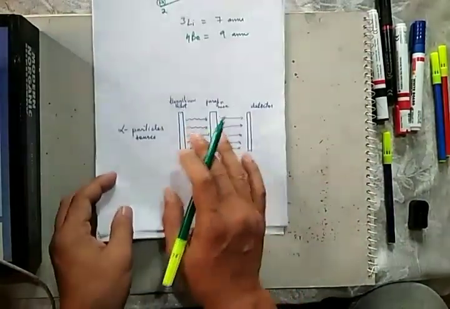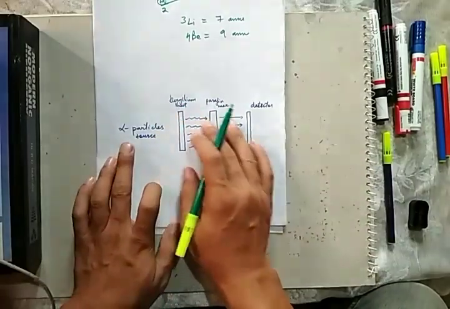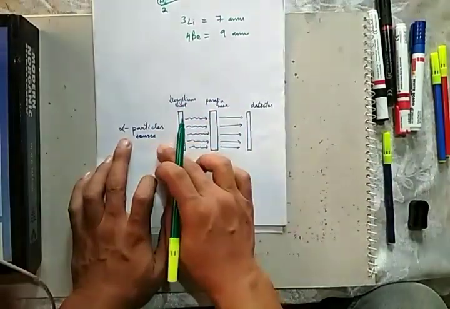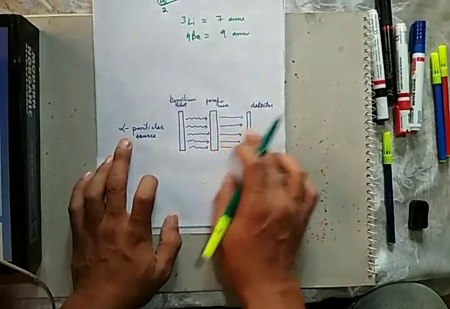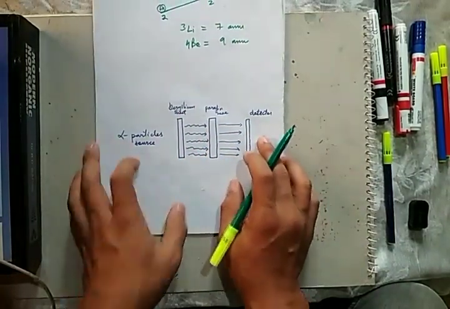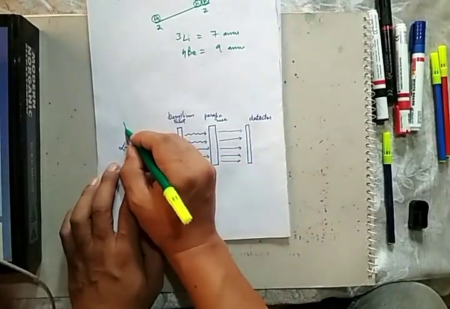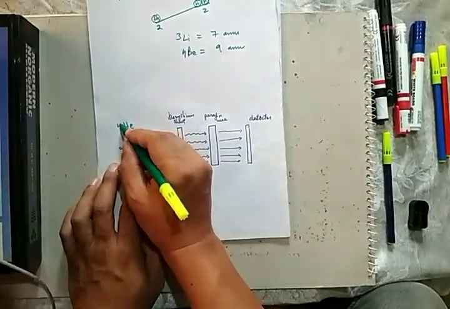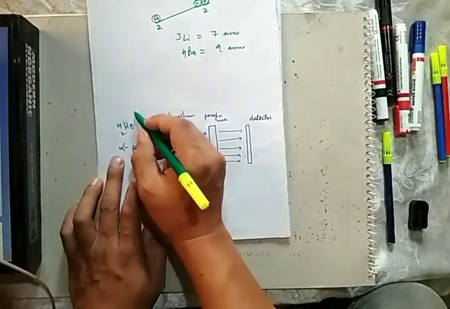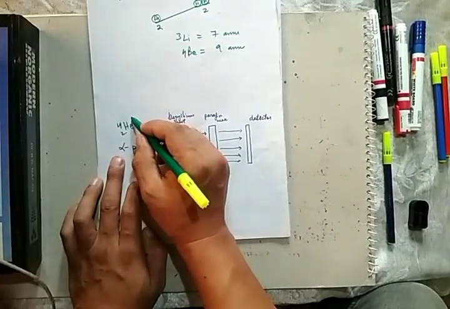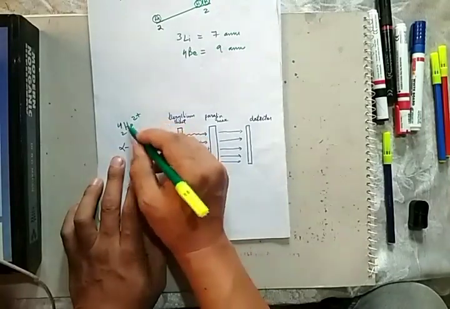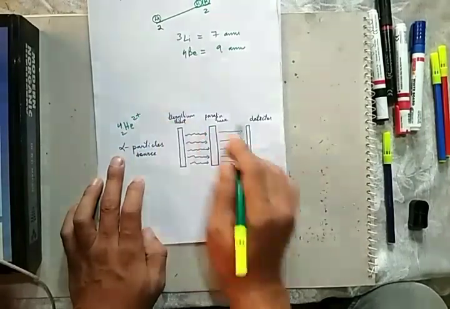So Chadwick experimented using alpha particles, a beryllium sheet, paraffin wax, and a detector. These alpha particles are helium nuclei, with atomic number 2 and mass number 4. They have a +2 charge.